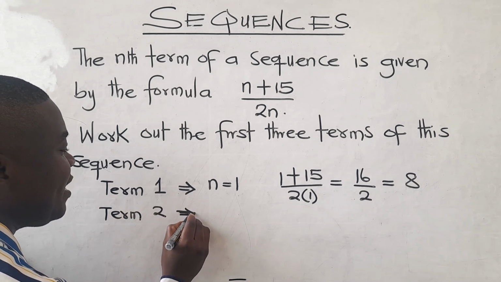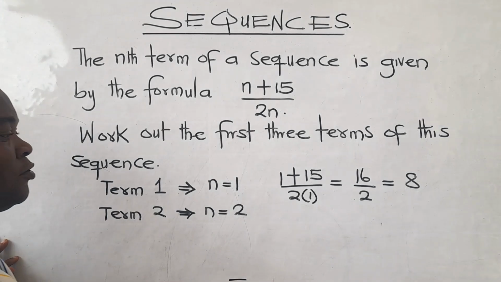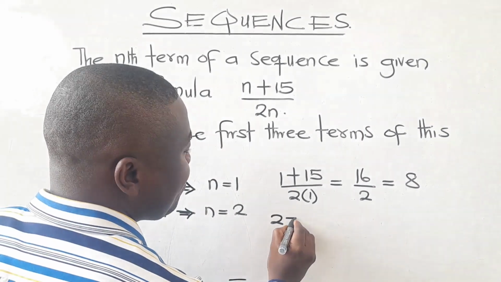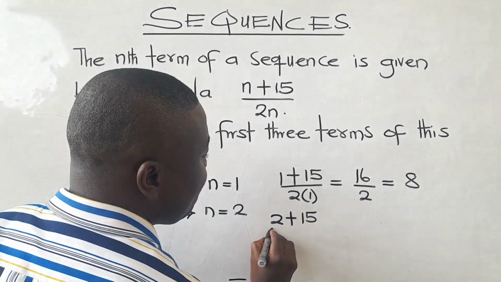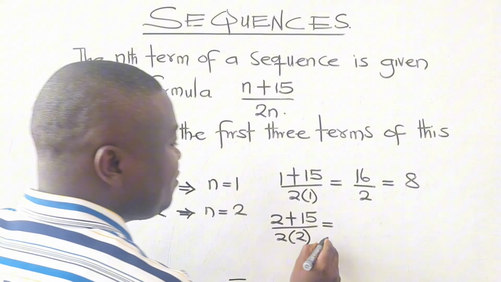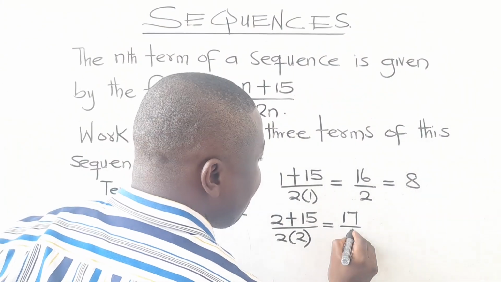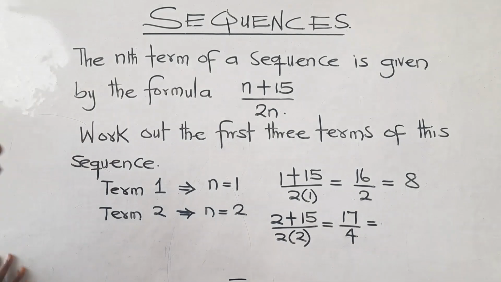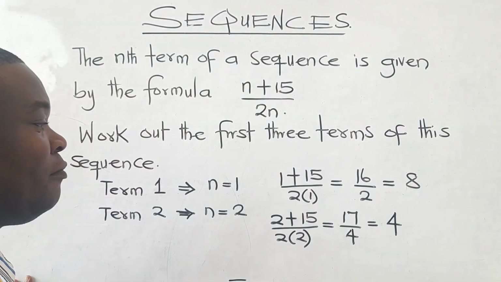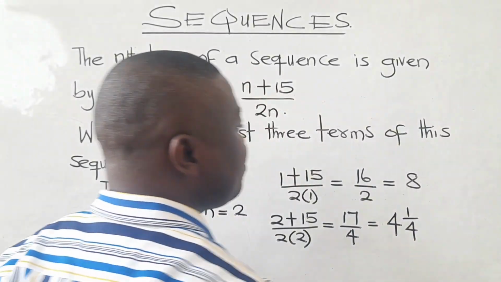Term 2, you make n equal 2. So this is 2 plus 15 over 2 times 2. This gives us 17 over 4, which is 4 whole number 1 over 4.